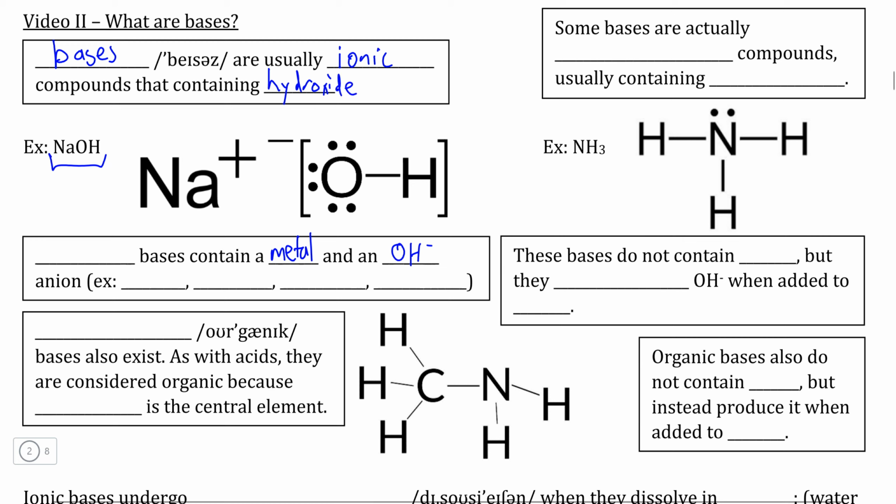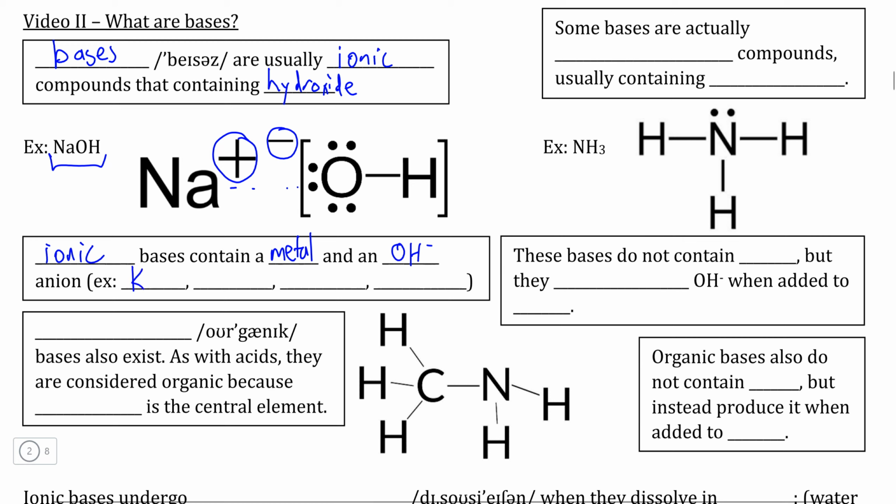So these are, not surprisingly, what we call ionic bases, because again, they form because of the positive-negative attraction that occurs in all ionic compounds. And indeed, we can come up with the formulas for multiple ionic bases by simply taking different metals and combining them with the appropriate number of hydroxide ions.